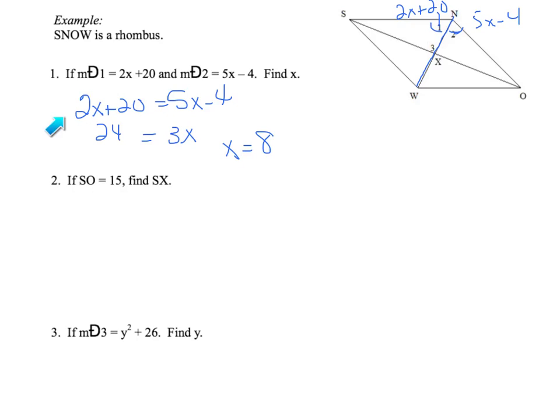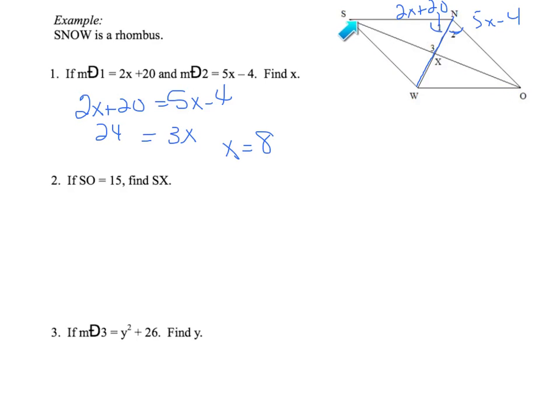Okay, you should have had 2x plus 20 equals 5x minus 4, leaving you with x equals 8. If x is 8, that makes both of these what? This is 40 minus 4, which is 36. Okay, good. So that's 36. All right, number 2. SO, the whole length here, is 15.